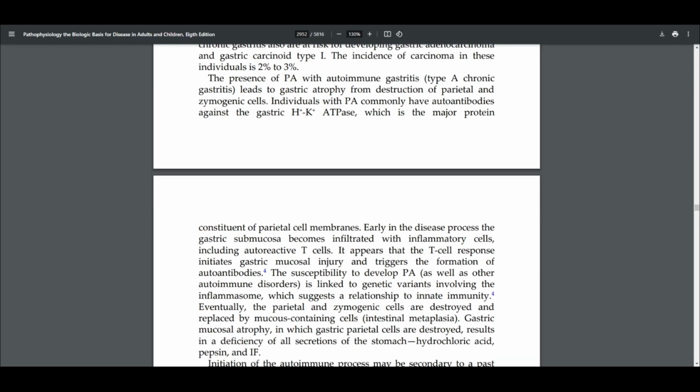The presence of pernicious anemia with autoimmune gastritis leads to gastric atrophy from destruction of parietal and zymogenic cells. Again, individuals with PA commonly have autoantibodies against the gastric hydrogen potassium ATPase, which is the major protein constituent of parietal cell membranes.